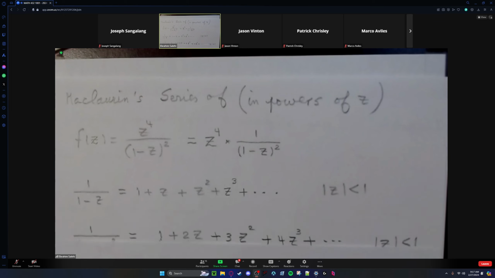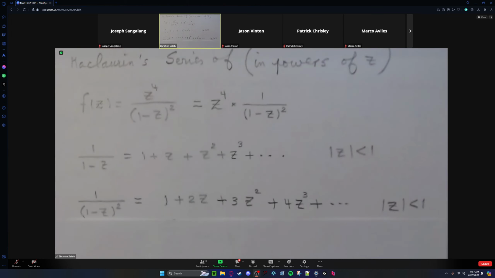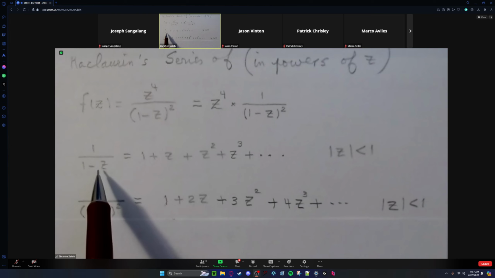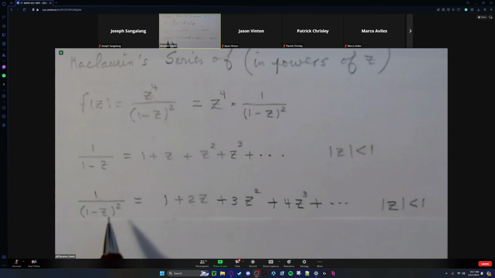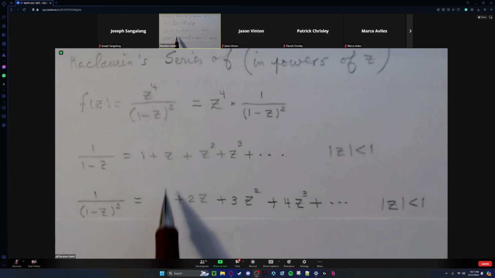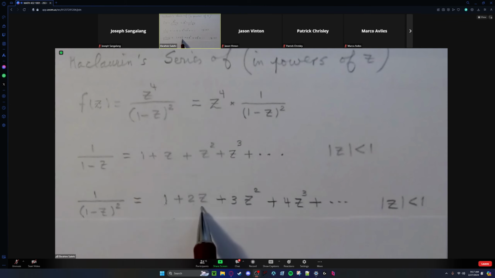So why don't we take the derivative of both sides then? The derivative of this side, using the quotient rule, is this. The derivative of this one is 1, 2z, 3z squared, and so forth. Okay?